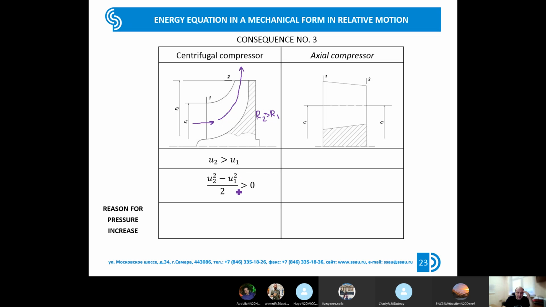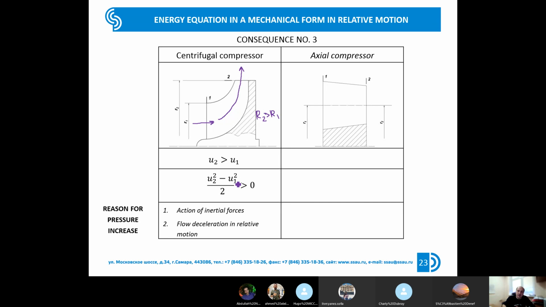And finally, it means that the first term of the right part of the energy equation in mechanical form in relative motion will be positive. It means that inertial forces in the centrifugal compressor take place in the compression process.